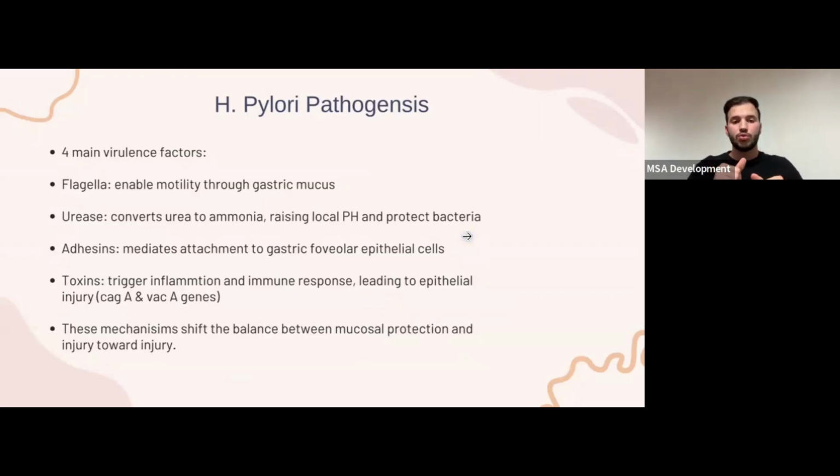Then we have adhesins, which mediate the attachment to gastric epithelial cells. Finally, we have the toxins, for example the CagA and VacA genes, that trigger inflammation and the immune response. These mechanisms shift the balance between mucosal protection and injury, causing multiple complications like gastric carcinoma, peptic ulcer disease, and gastritis.